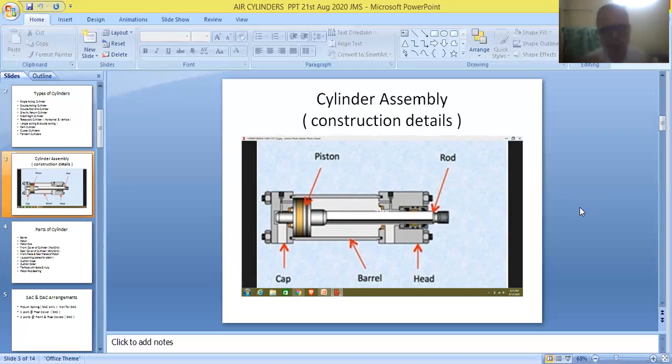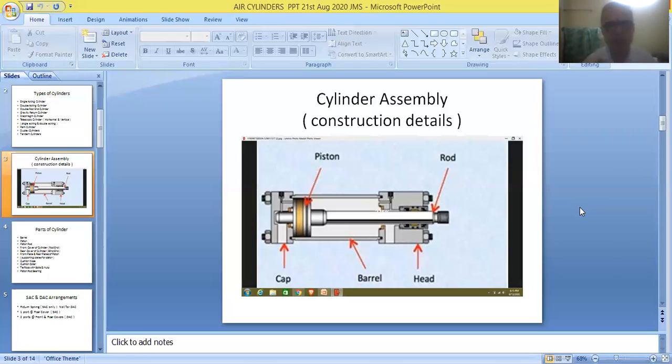All these components put together are called a cylinder assembly. So this item is referred to as the barrel of this assembly, and generally called the cylinder of the assembly.